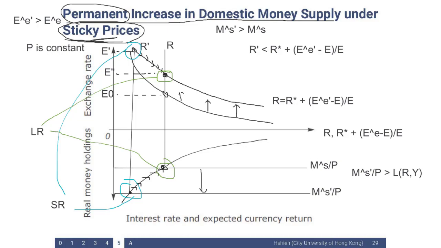All effects are undone. Interest rates back to its normal level. However, what has persisted from the short run to the long run is E hat E prime. So the UIP curve stays elevated, right? Or more outward than before. And so the long run exchange rate level is therefore here. This is E, let's call this E double prime.